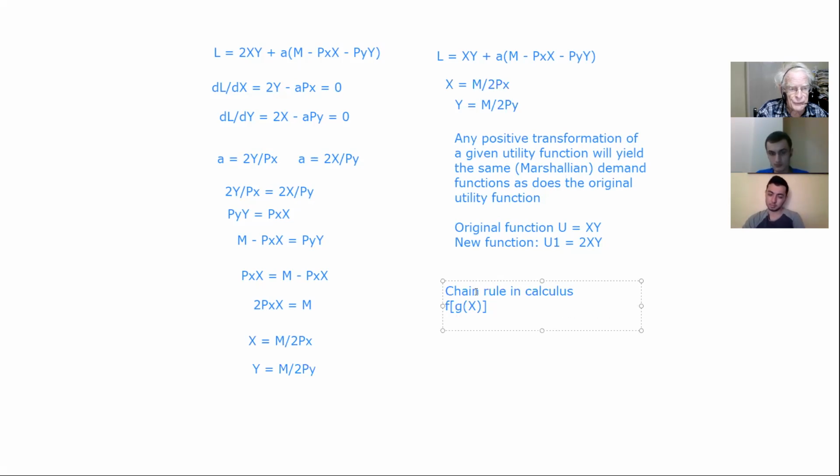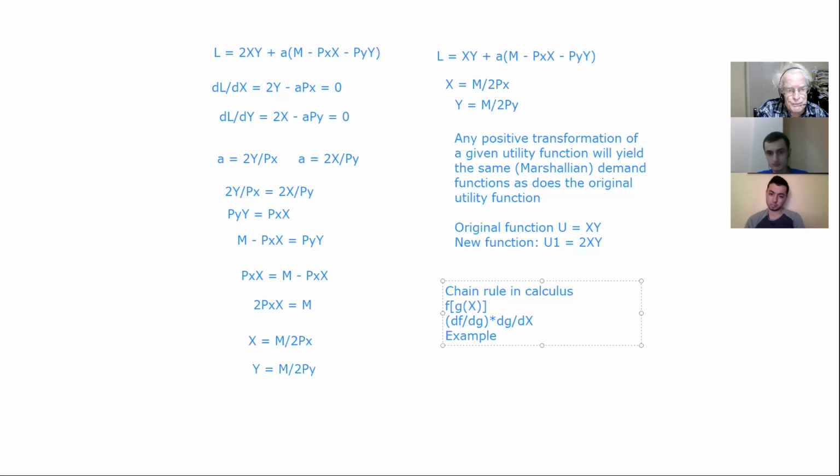Then the derivative of f with respect to x is df relative to dg times the derivative dg relative to x.